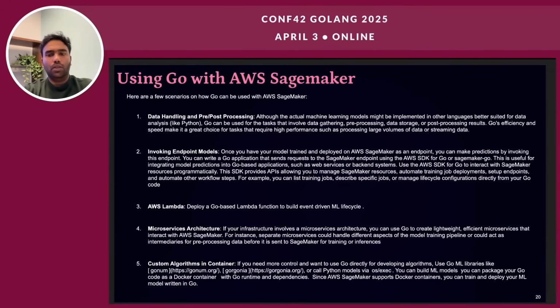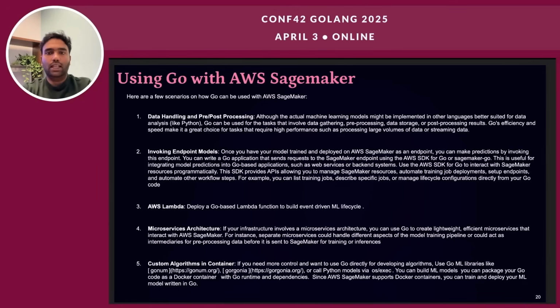There are some scenarios where we can use Go along with SageMaker as well. The first case is data handling and pre- and post-processing. Although we can go ahead with building the machine learning models in more widely adopted languages like Python, Go can be used for other tasks that involve data gathering, pre-processing, or post-processing results.